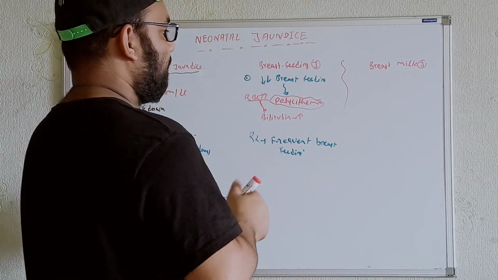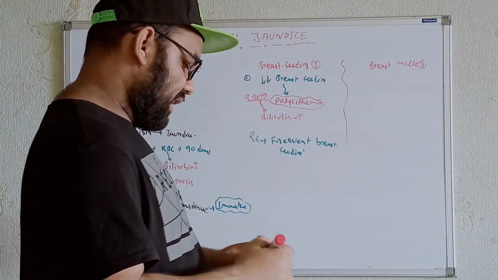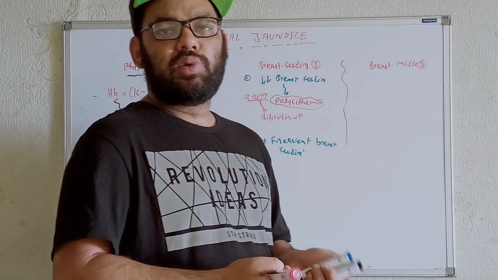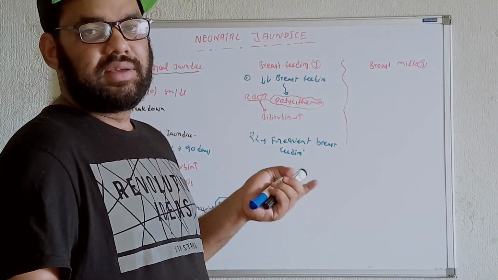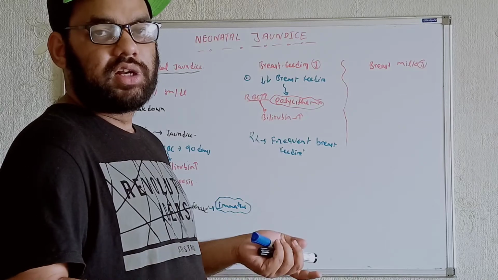Now what about breast milk jaundice? Breast milk jaundice means there are some substances present in the milk that inhibit the transformation of unconjugated bilirubin into conjugated bilirubin.